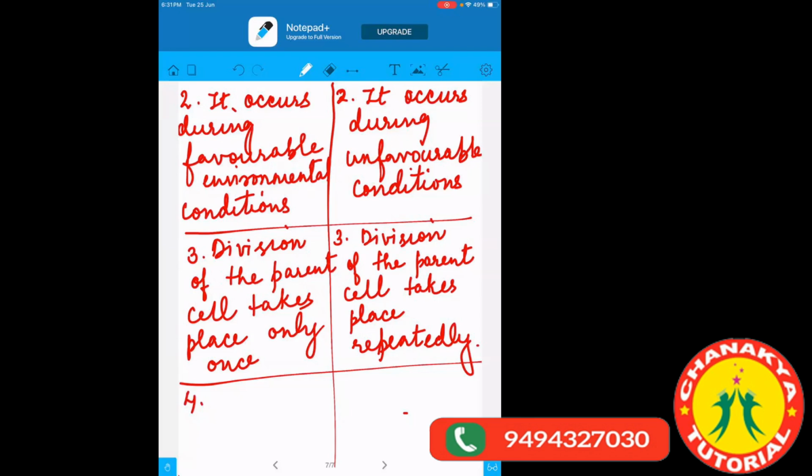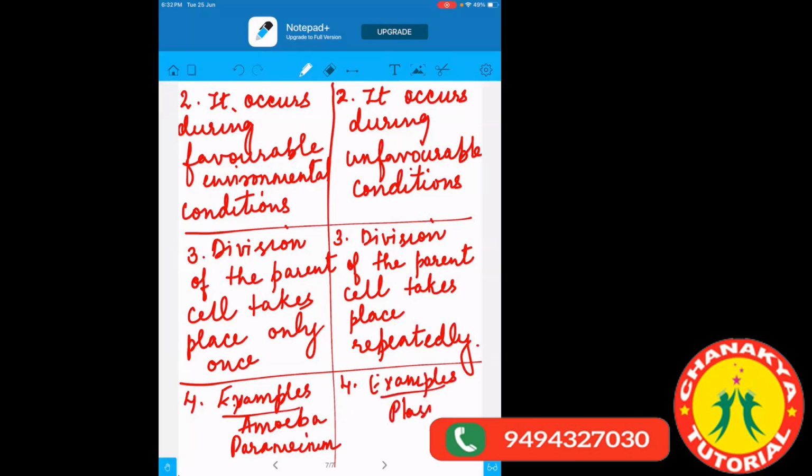And the last one is the examples. Examples here are amoeba and paramecium, whereas the examples here are plasmodium and algae.